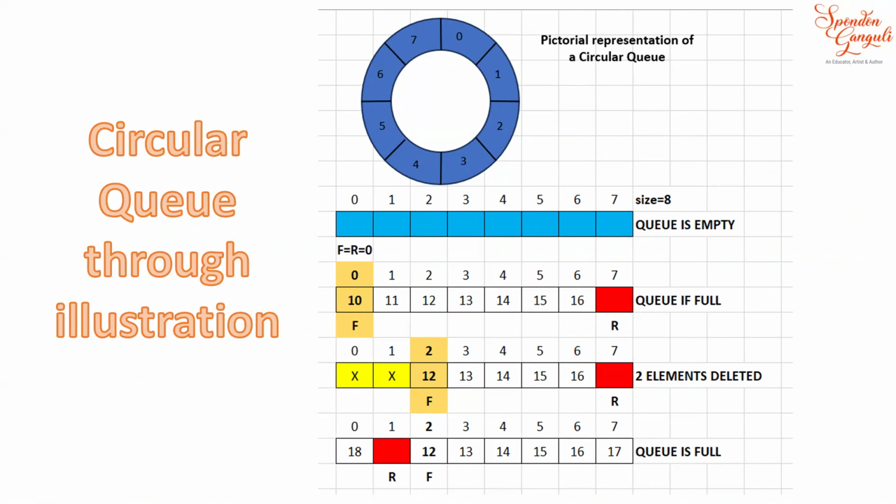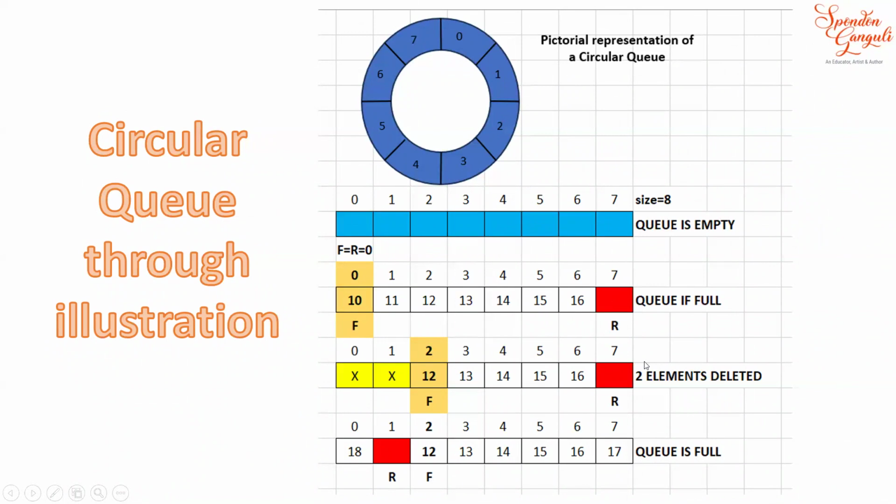Now, when we add elements, if you remember, in the last video I told that in a queue one cell is left empty, that is the rear position. The queue will become full if front is at the first and the rear reaches the last. So here you can see in this second figure, the queue is already full.